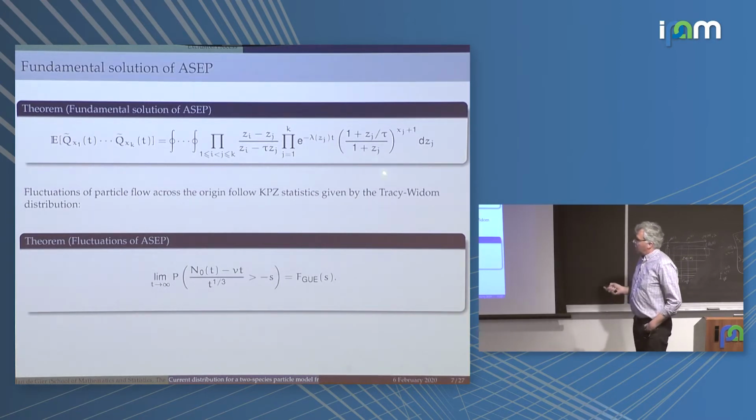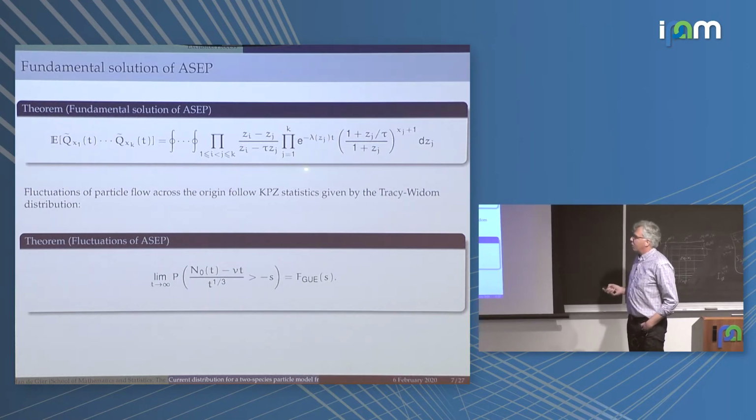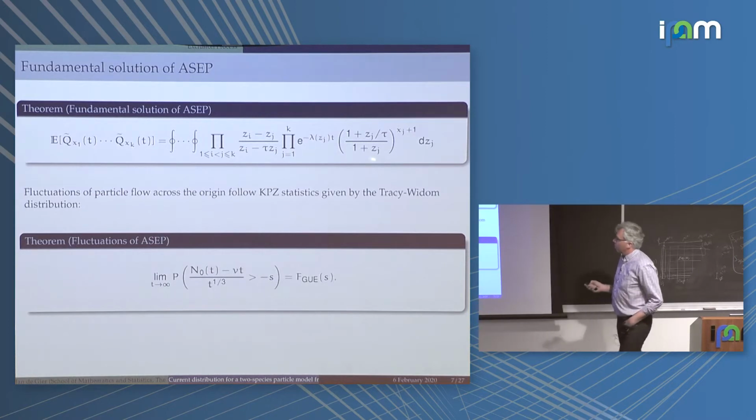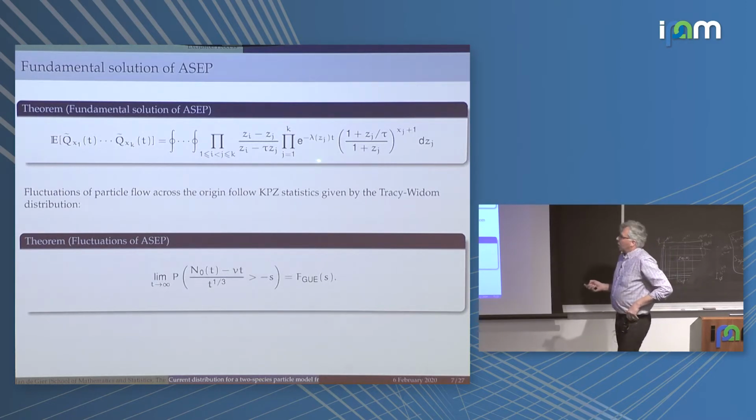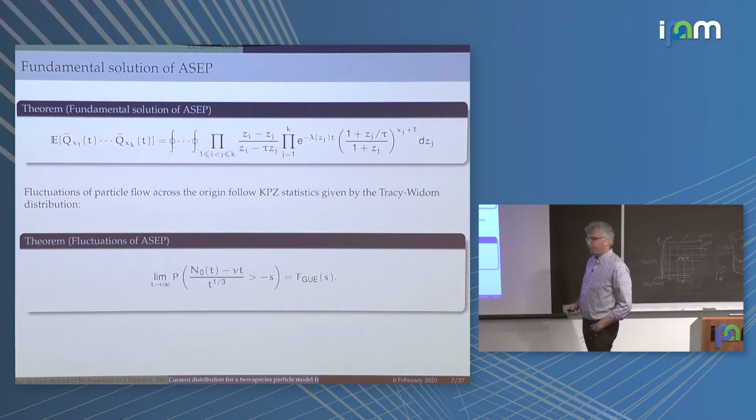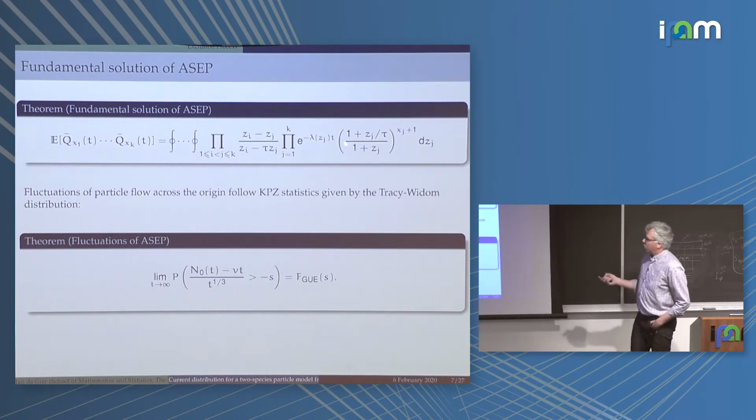And it looks a little bit scary, but you get used to these types of things. The least scary bit is this bit here. This is just a product from 1 to k, because you're looking at the observable at k different points. e to the negative lambda t, where lambda is basically the eigenvalue of a transition matrix for one particle, and then some rational function that's apparently needed.